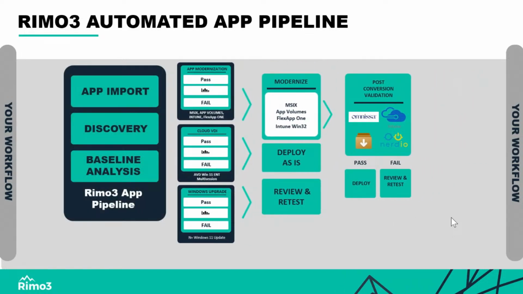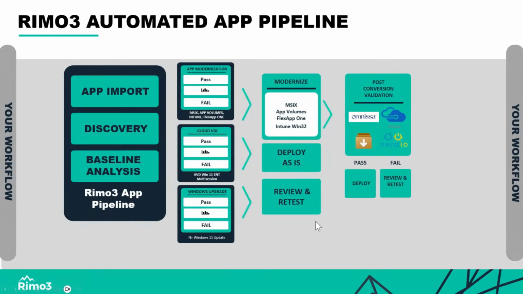Now, we talked about importing, discovering, and baselining the applications, and then validating those against the target desired Azure Virtual Desktop operating systems. I will note that the import, discovery, and baseline is a one-time only exercise. So once you've invested that initial effort, you have the intelligence now under management within the Remo 3 platform.